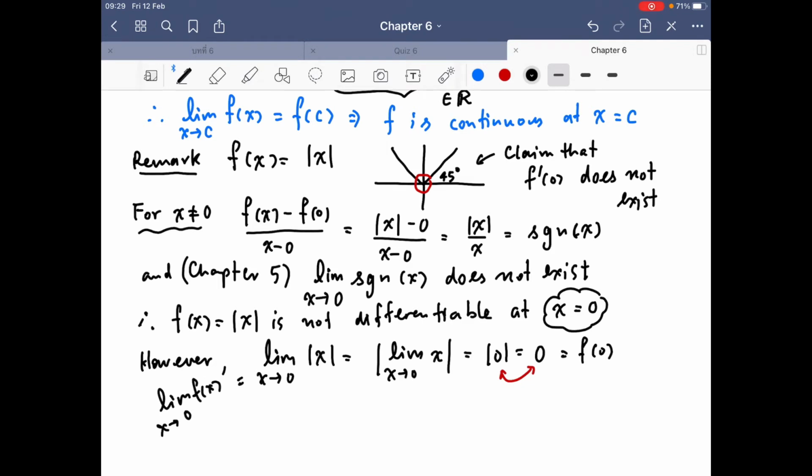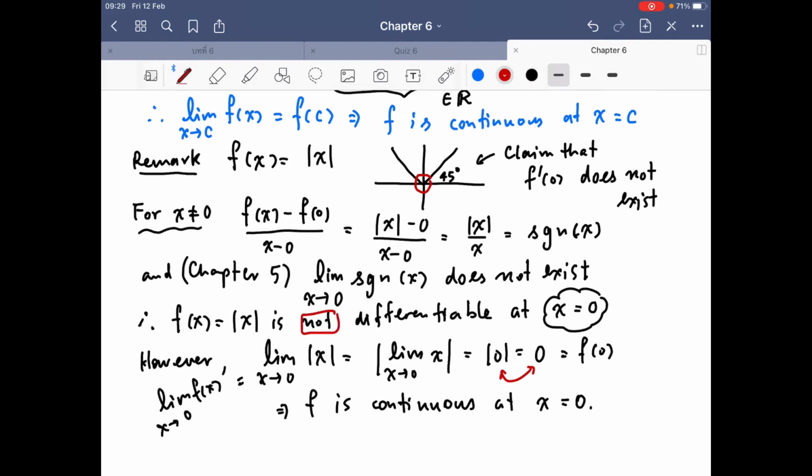They are the same, so it means that the function is continuous at x equals 0. So this function is continuous, but it is not differentiable.